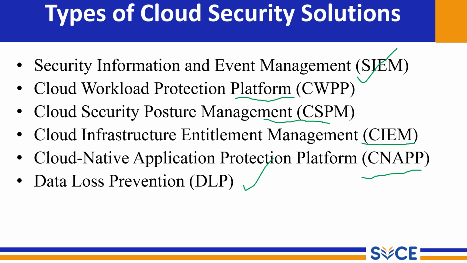They also address the specific cloud workload threats, including misconfiguration, software vulnerability, and unauthorized access. And this CWPP offers some real-time threat detection and automatic remediation capabilities. They also integrate the application layer security to protect the workload from exploitation.